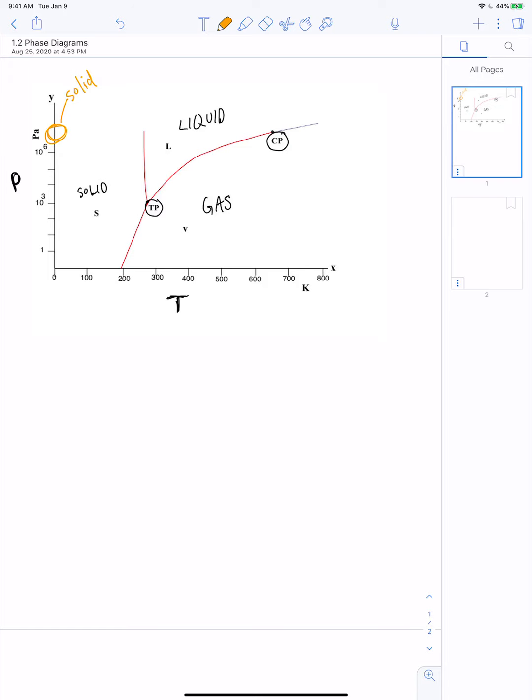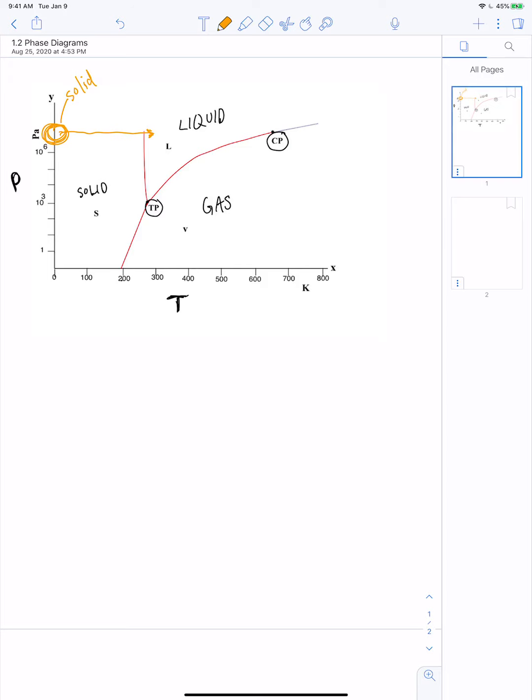As we move to higher temperatures, let's say I stay at the same pressure, so really high pressure, whatever that is, 10 to the 6, and now I start moving out, for a while, as I increase the temperature, nothing really happens. Sure, I'm increasing the kinetic energy of the system because I'm increasing the temperature, but things don't really start to get interesting until I break over the phase transition line.